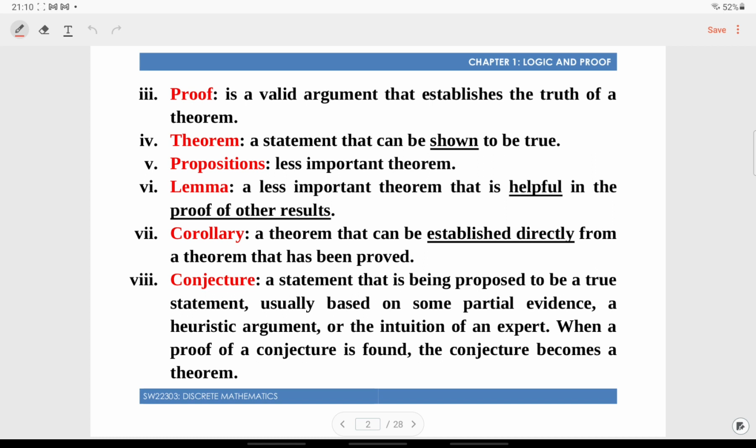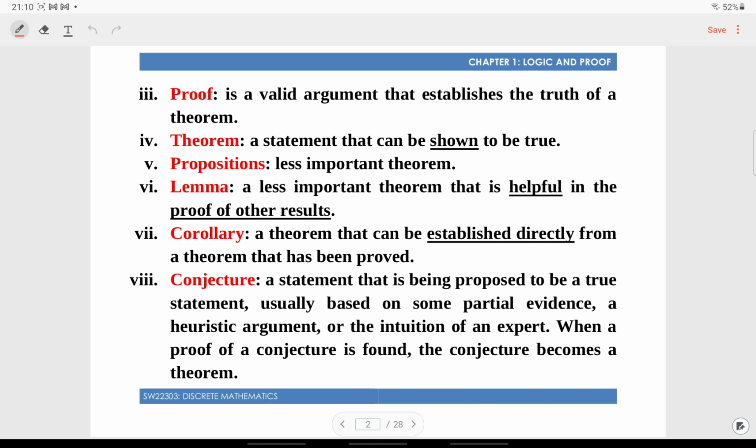Another one is the lemma. A lemma is also a less important theorem, but in addition, it is helpful in proofs of other results. So we can use a lemma to prove another theorem, for example. That is the difference between propositions and lemmas. Both statements are proven to be true but are less important than a theorem.